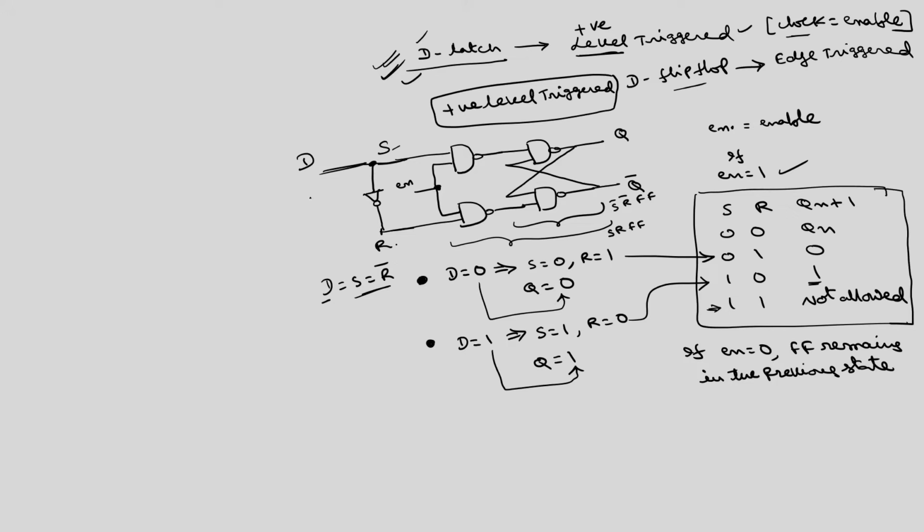Now, I will derive the D latch by instantiating the SR flip flop with the S bar R bar flip flop. So, what is the S bar R bar flip flop? This portion is the S bar R bar flip flop. Simply, I am taking two NAND gates connected back to back.